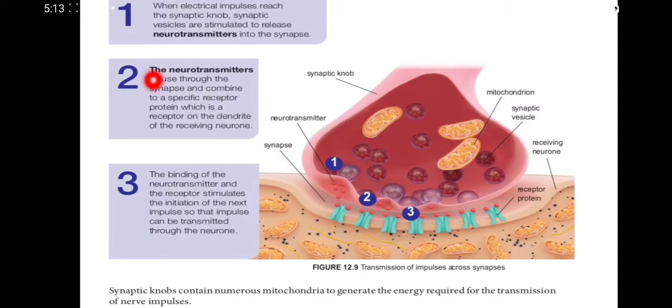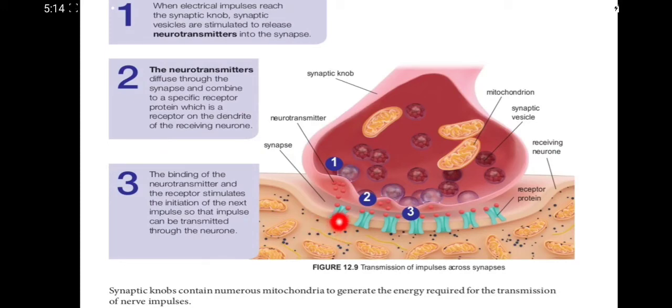Itu yang pertama. And then second, the neurotransmitters diffuse through the synapse and combine to a specific receptor protein. Di sini specific receptor protein yang warna hijau ini, which is a receptor on the dendrite of the receiving neuron. Kita sudah belajar sebelum ini, dendrite will receive the impulse, kan?